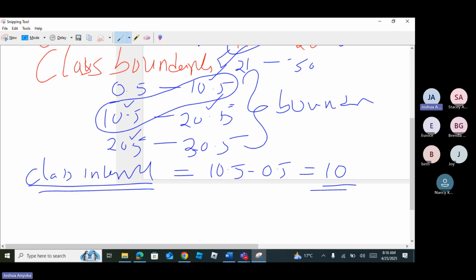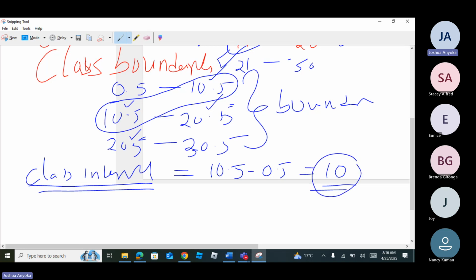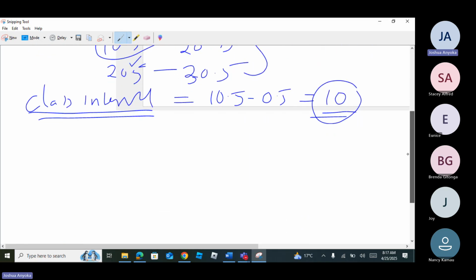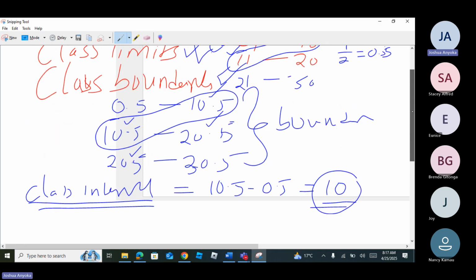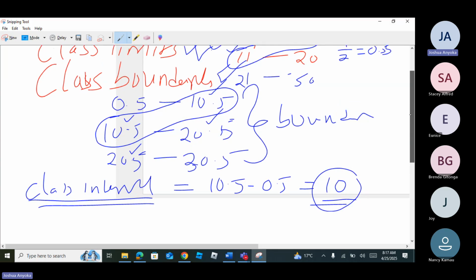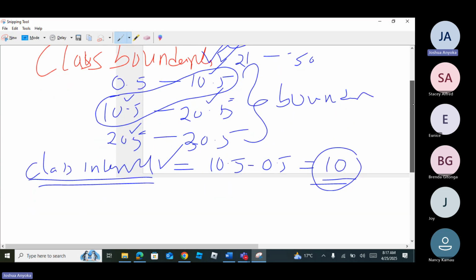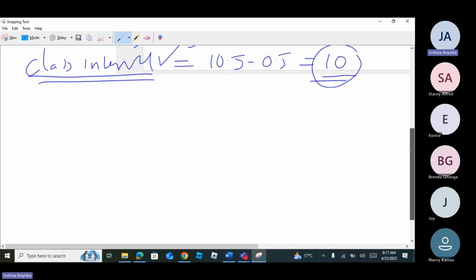This is what we want to use to do some calculations. Well, let's go ahead. I wanted you to know the class boundaries and how to find the class interval. When time comes, we want to sort that one out.